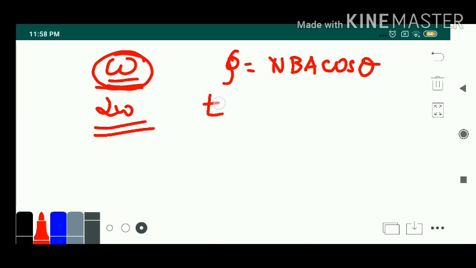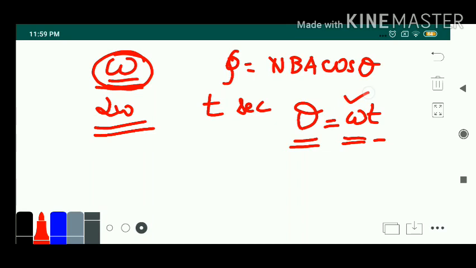So after t seconds, the displacement theta is equal to omega t, right? Just like the previous section, displacement is equal to velocity into time. Here it is angular velocity into time. So can you understand this expression? I can substitute this value here.